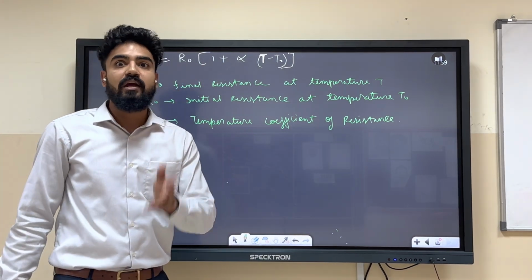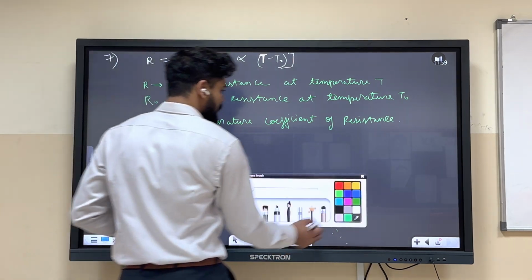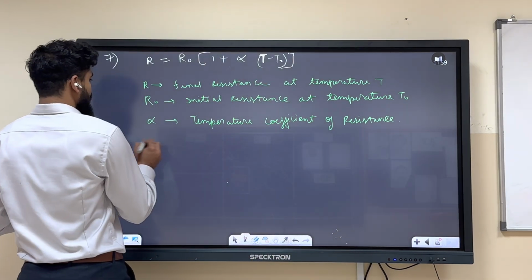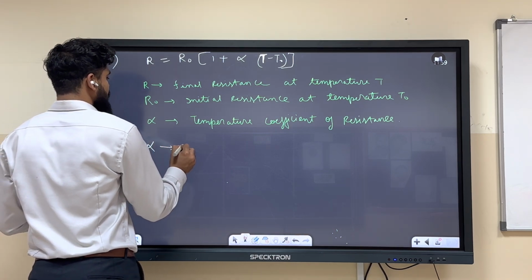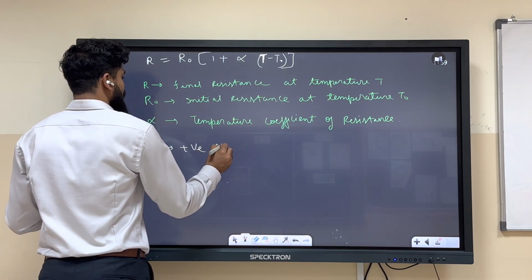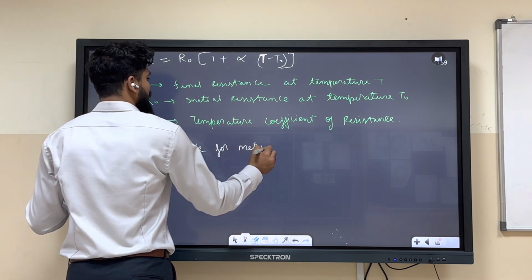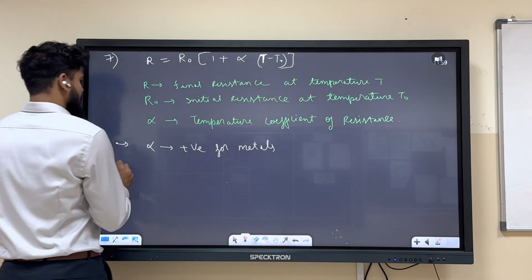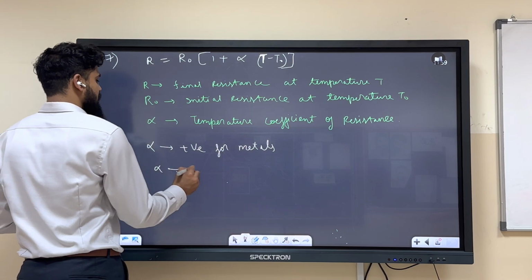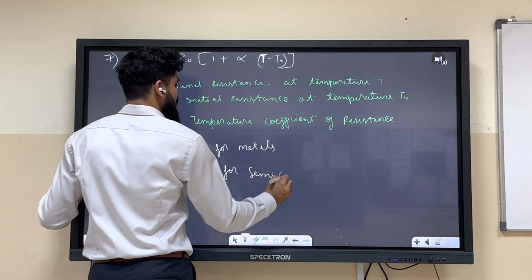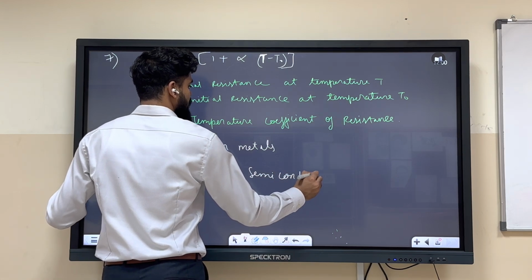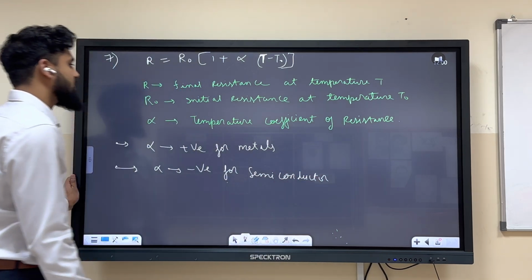Yes, it should be negative. Correct? Okay. So we can write this: alpha is positive for metals and alpha is negative for semiconductors. Okay?